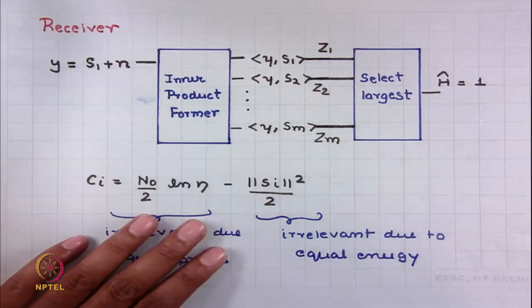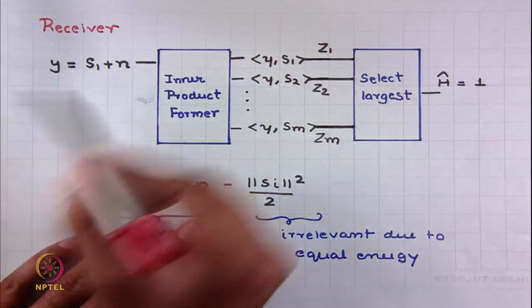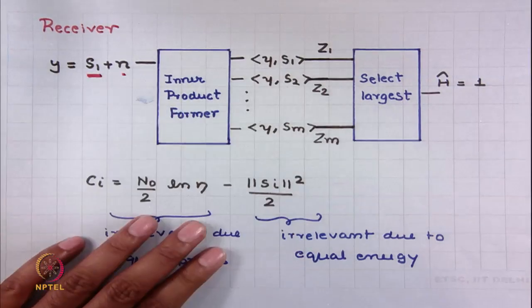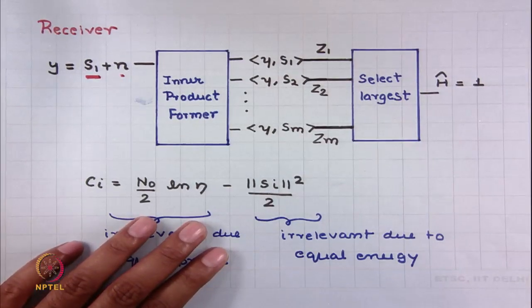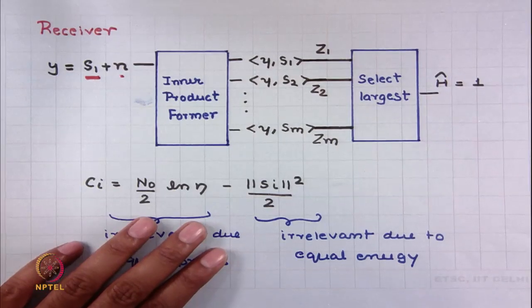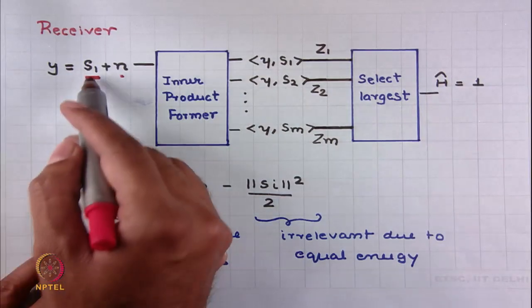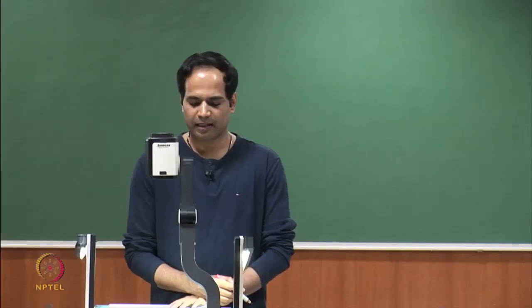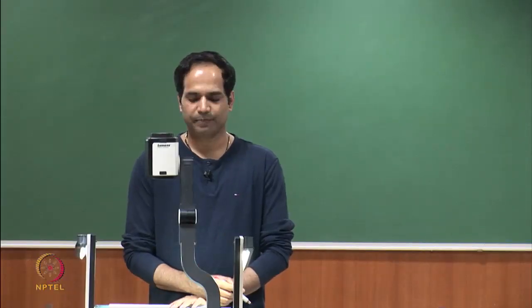So, the received signal, which in this case is S1 plus n. We are assuming that the first hypothesis is transmitted, so the first hypothesis has a signal S1.